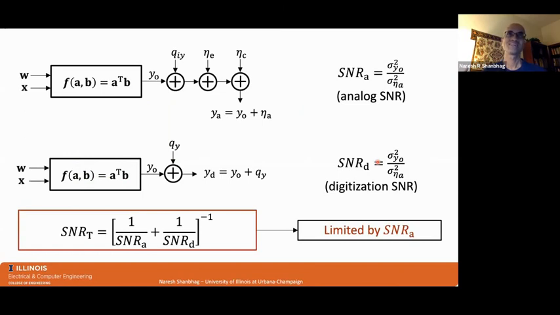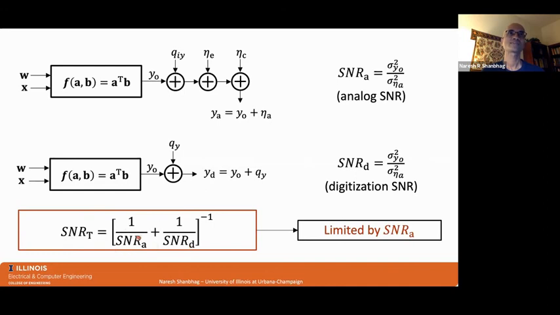And the story is exactly the same. We were delighted to see that the total SNR, here we are using SNR instead of SQNR, because here we have not only quantization noise, but also these analog circuit noise contributors. So just to be fair, we say it's SNR, and it has a similar form.